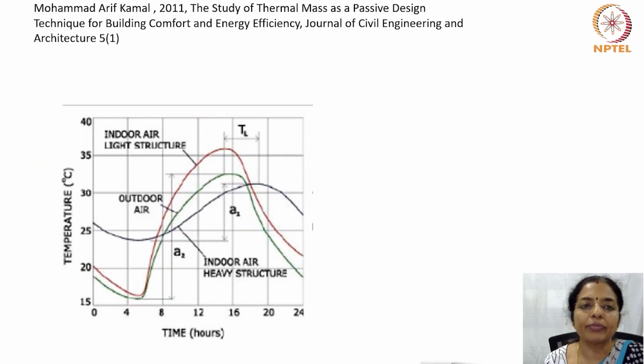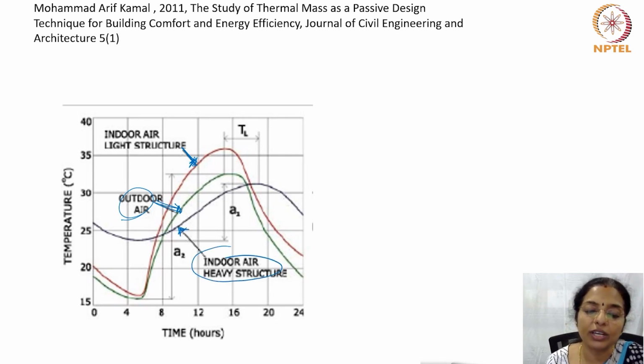Another study by Mohammad Arif Kamal on the study of thermal mass as a passive design technique for building comfort and energy efficiency was done. In that study, it was found that, compared to the outdoor air, the indoor air of a light structure was always higher than the outdoor air, and the indoor air of a heavy structure, or a structure which has high thermal mass, was lower than the outdoor air.